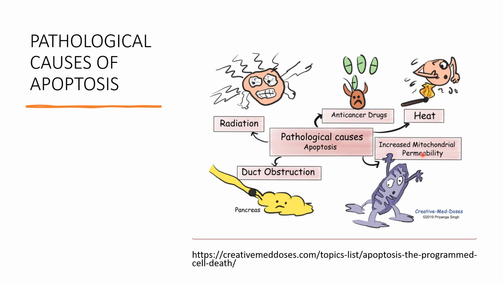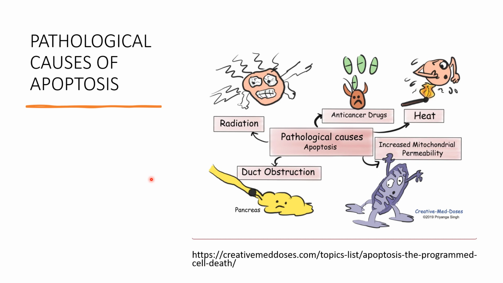The next example is duct obstruction. In organs like the pancreas or even the parotid, due to various causes like alcohol, there will be duct obstruction. That will also be removed by the body via apoptosis. The third example is something that we saw even in a physiological cause.